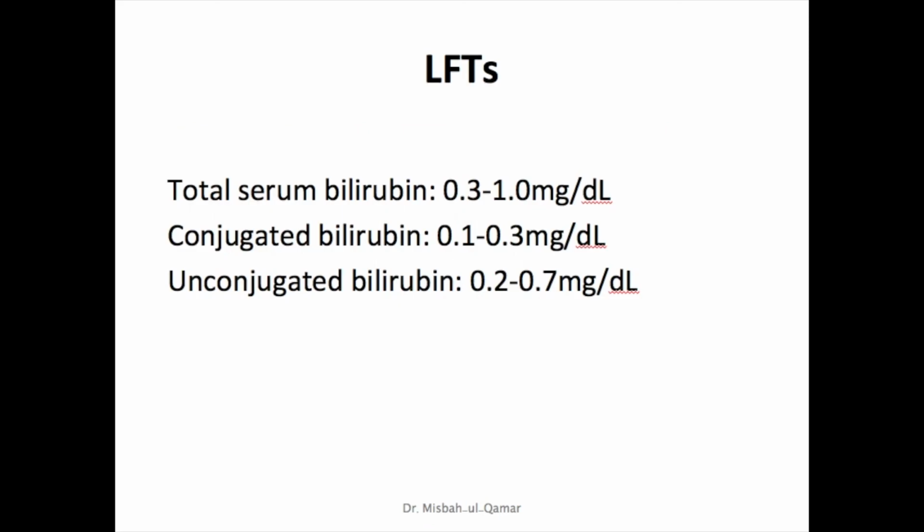Let's see now how the liver function tests respond to disease. You see, the liver function tests will include the determination of total, unconjugated, and conjugated bilirubin in serum, whose normal ranges you can see here on the screen.